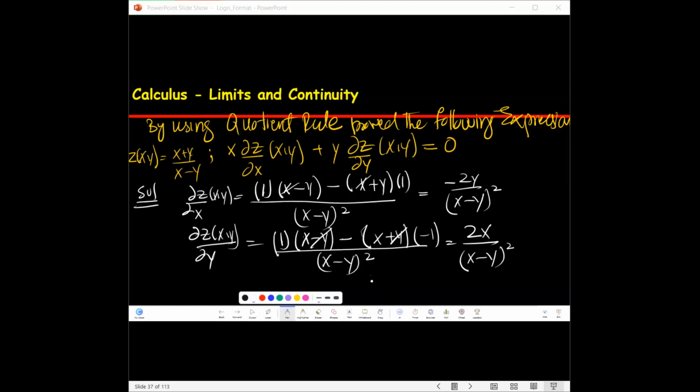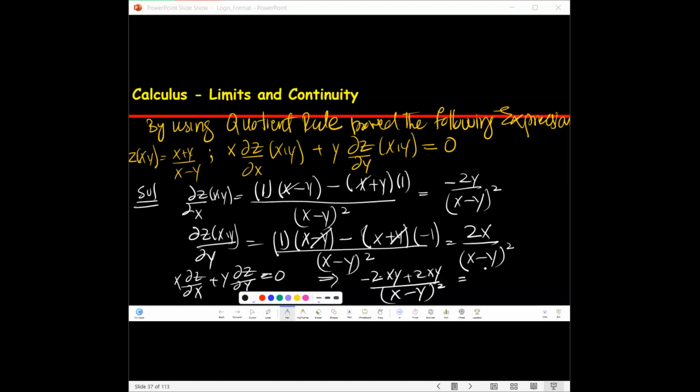I can take the denominator, and I have to prove it equals 0, but if I write this, it's going to look like this: minus 2xy plus 2xy divided by x minus y squared.